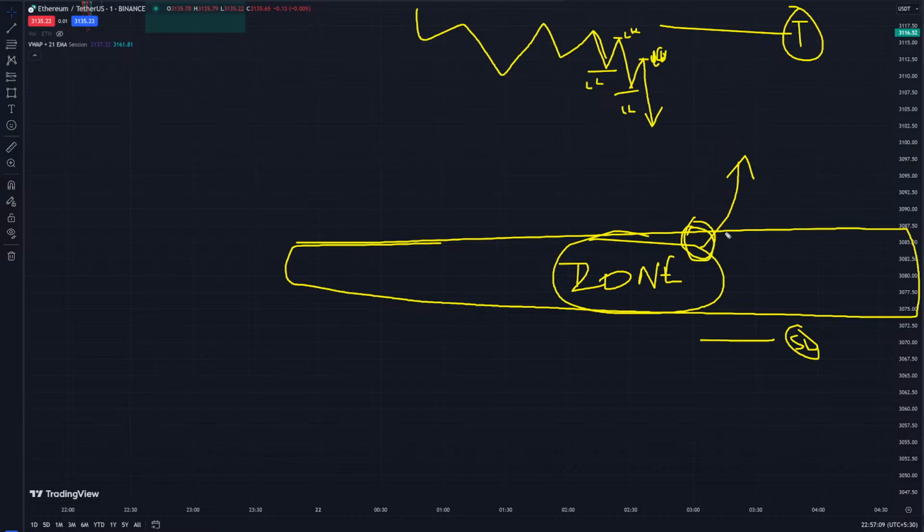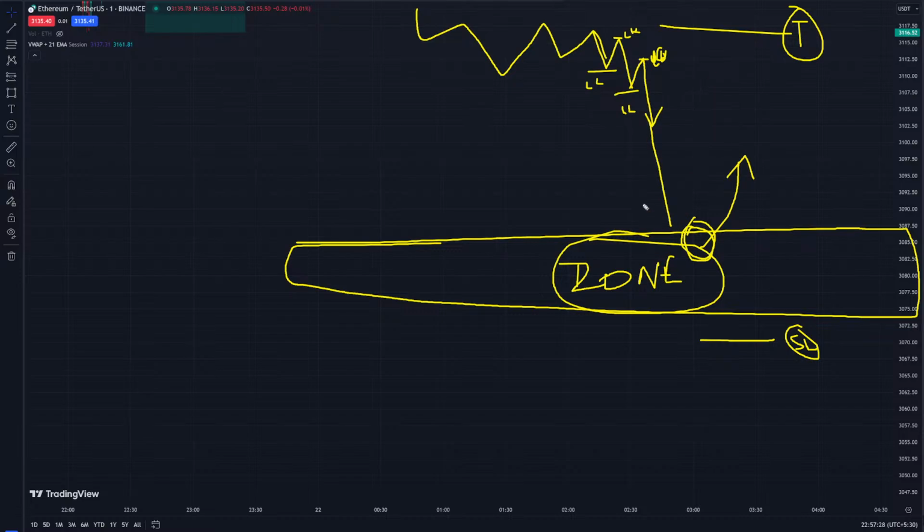But human psychology is such that price will react from this area, and price is in a down motion. People assume price will come here and it will bounce.